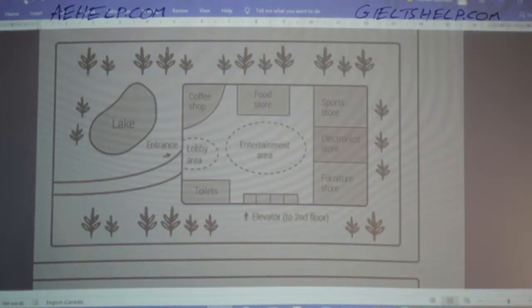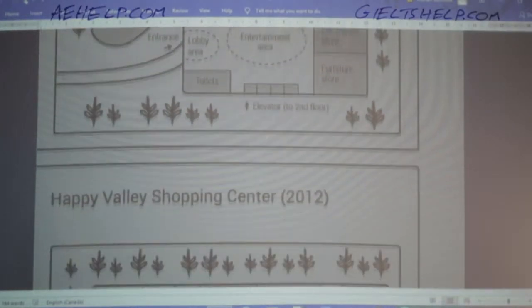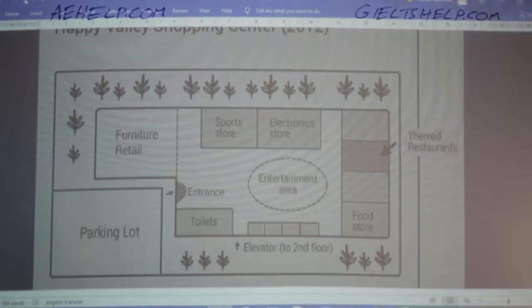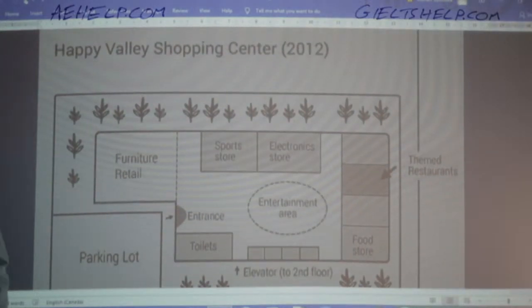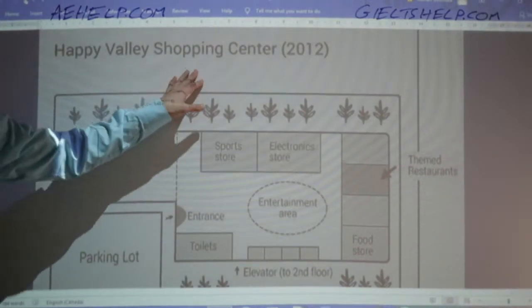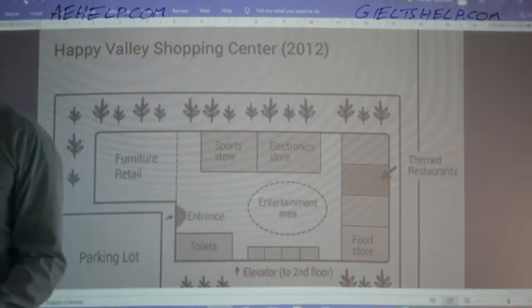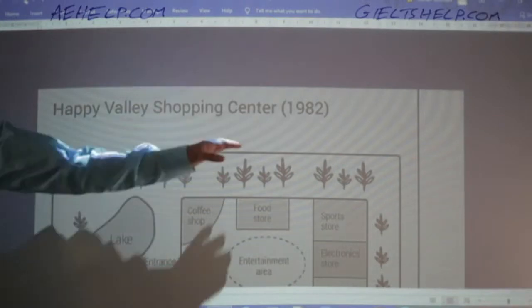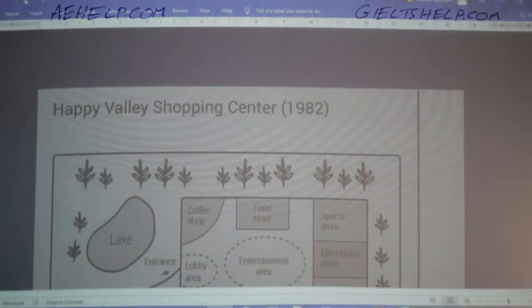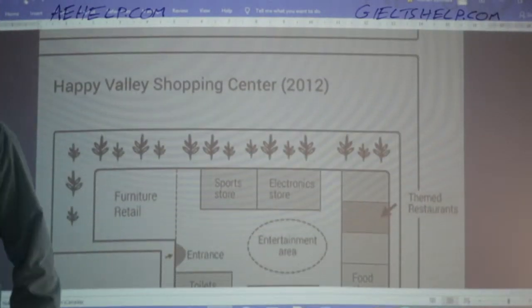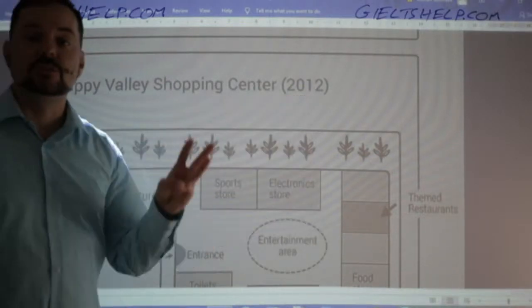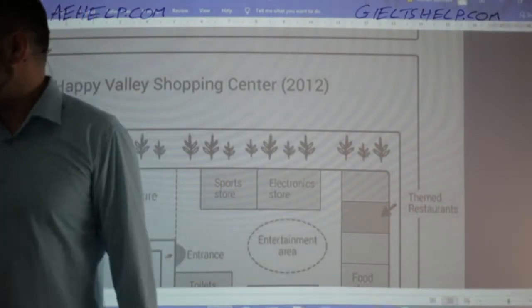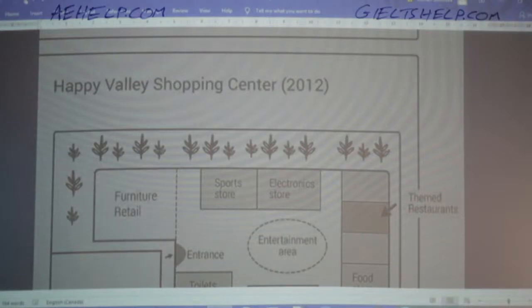But for now, just getting a general idea of these diagrams is a good idea. Okay, so Happy Valley Shopping Center 2012. Immediately, I recognize that between 1982 and 2012. Clearly there are 30 years or 3 decades, so that's how far apart this is.